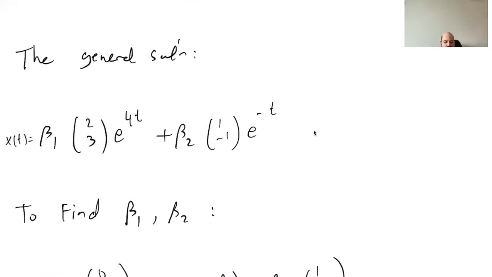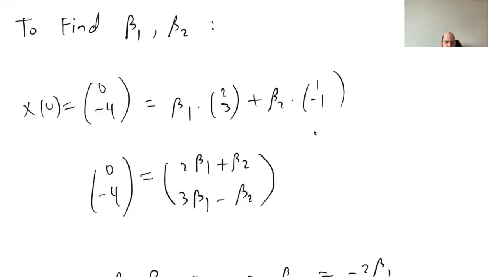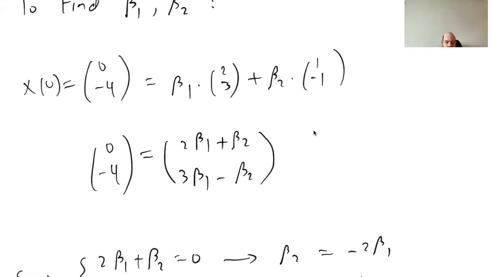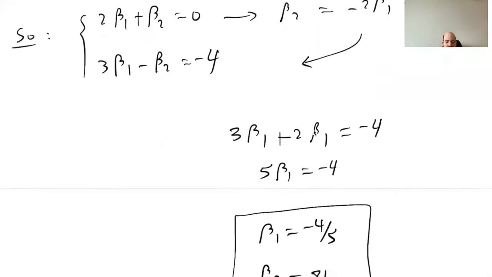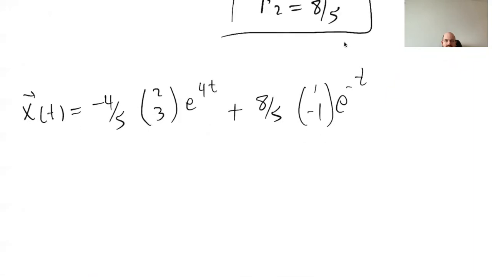If we compare it with the general form, it's beta 1 (2, 3) e to power 4t plus beta 2 (1, -1) e to power -t. We already found beta 1 and beta 2, so we just needed to substitute back, and we got the solution this way.